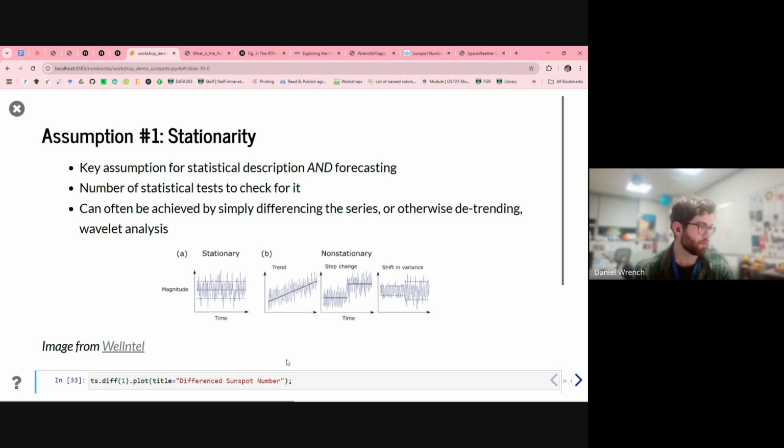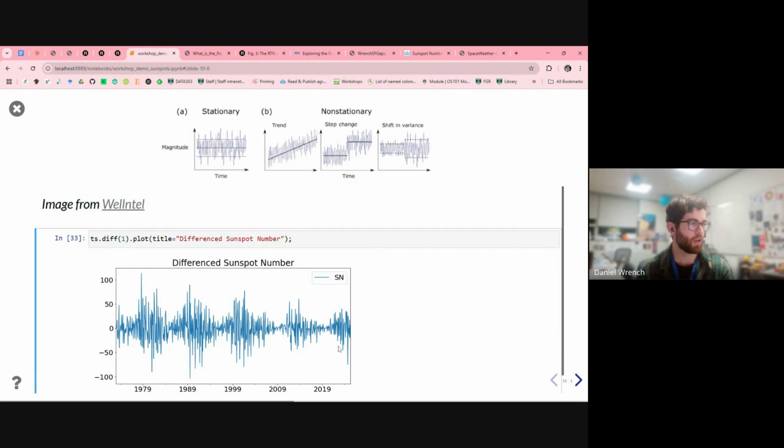So if we do that for our sunspot number, you'll see it's gotten rid of the changing mean, right? Now the mean is very flat along zero. However, now we really see the changing variance as a problem, right? And as I mentioned, these big high amplitude regions will correspond to the peaks of those cycles where we saw large variation in sunspot number.